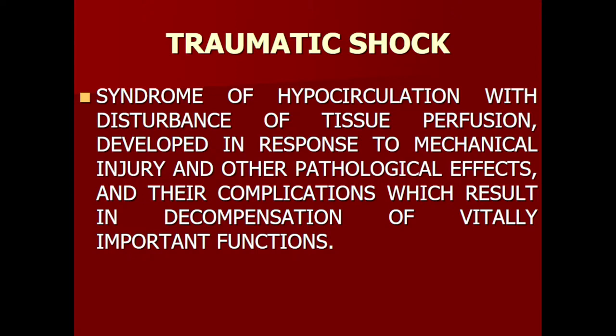Our chair likes this definition. It's a syndrome of hypocirculation with disturbance of tissue perfusion, developed in response to mechanical injury and other pathological effects, and their complications, resulting in decompensation of vitally important functions. This is the definition of traumatic shock.